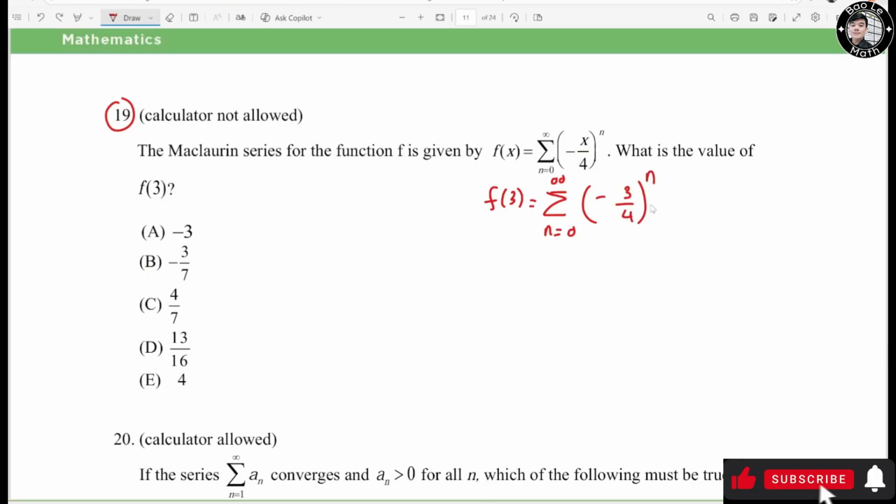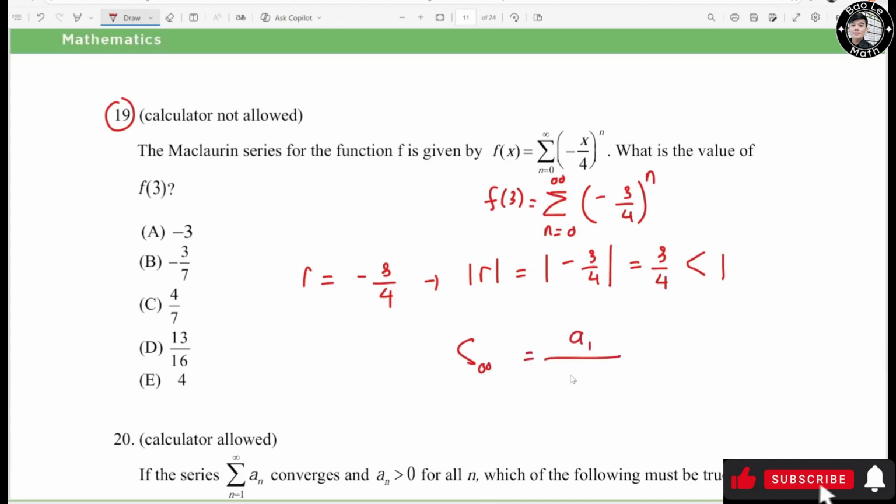And this is actually a geometric series where the common ratio is -3 over 4, right? And the absolute value of the common ratio is 3 over 4, which is less than 1, right? Then the series converges to s sub infinity equals a sub 1 over 1 minus common ratio.